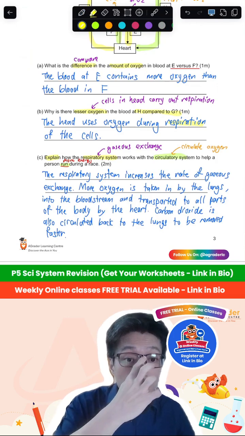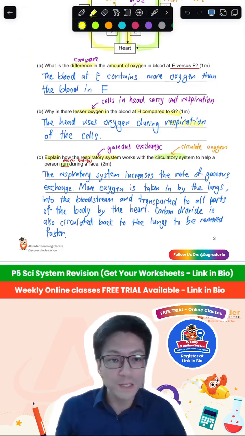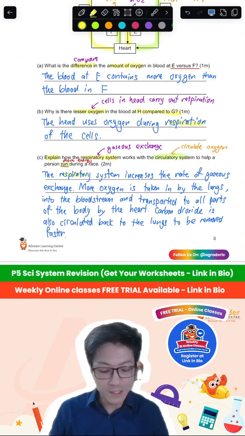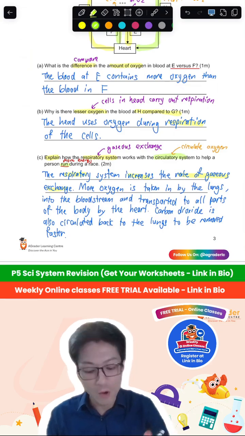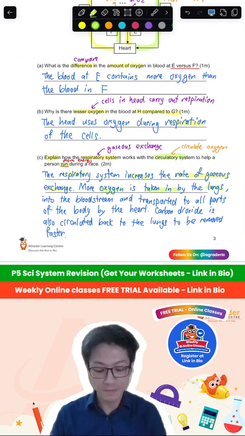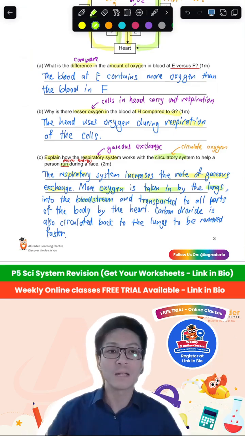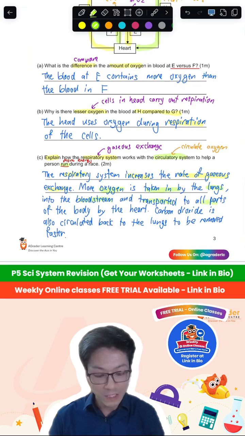Okay, so the key points that you need to deliver is, first, talk about the respiratory system. You can say it increases the rate of gaseous exchange. So more oxygen is taken in by the lungs, and then it will go into your bloodstream, which is then transported, or you can say that the heart will pump the blood that is rich in oxygen to all parts of the body.